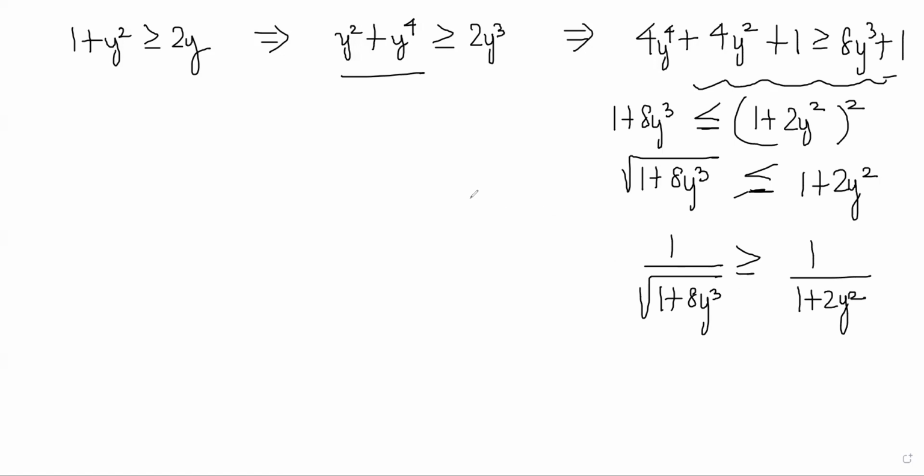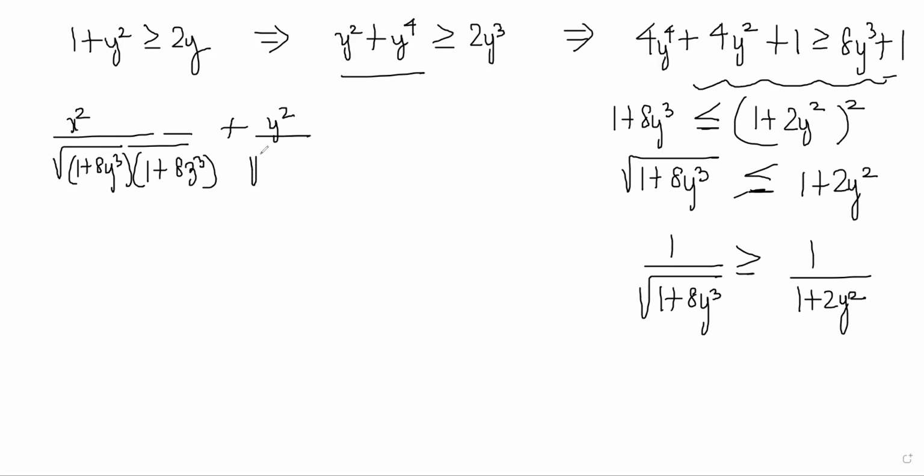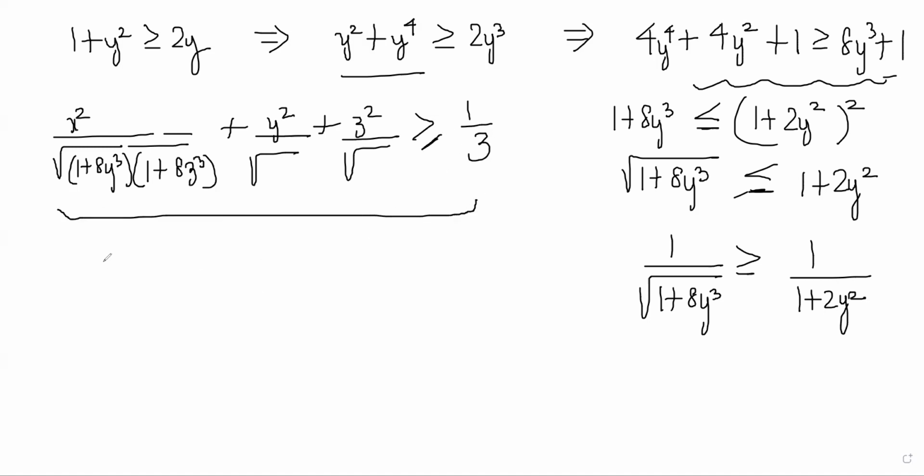So what we have to show was x square by root over 1 plus 8y cube 1 plus 8z cube plus y square by similar terms and z square by similar terms is greater than 1 by 3. We had to prove this inequality, right? So think of each of these terms.